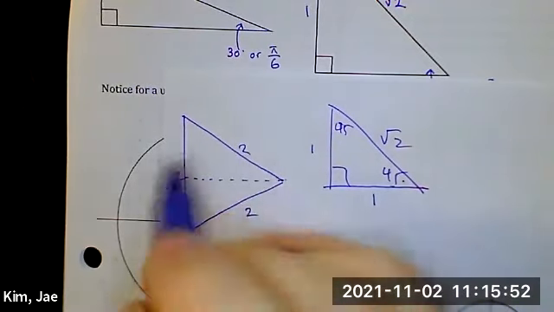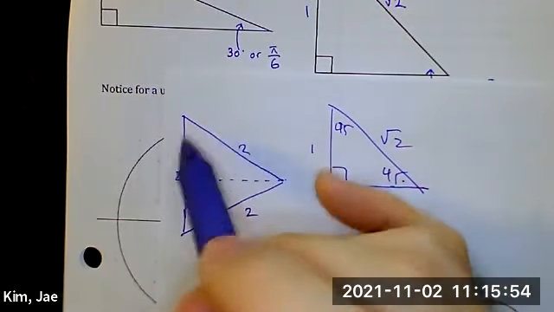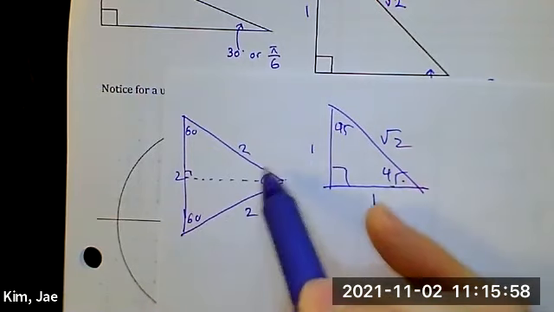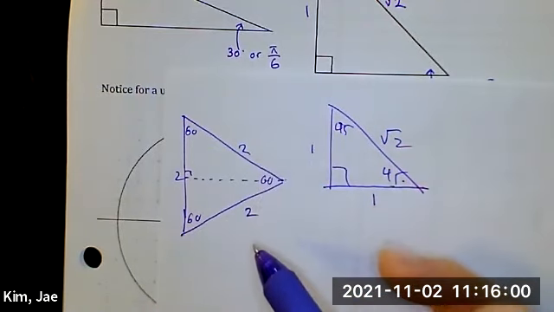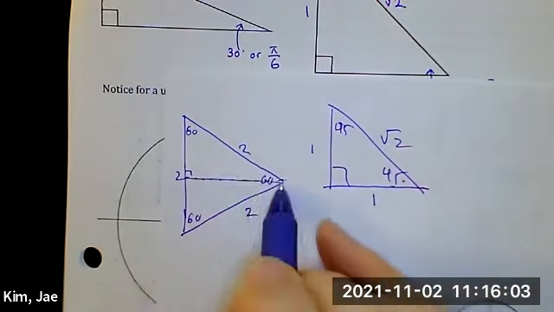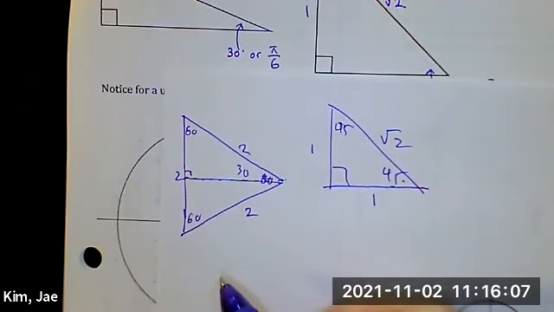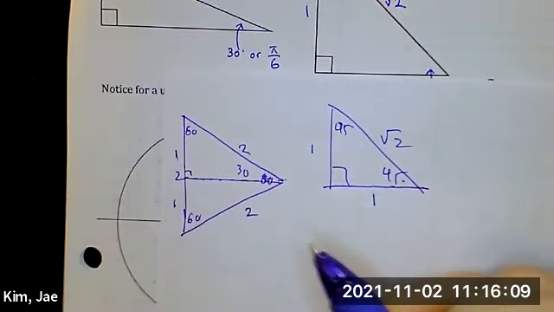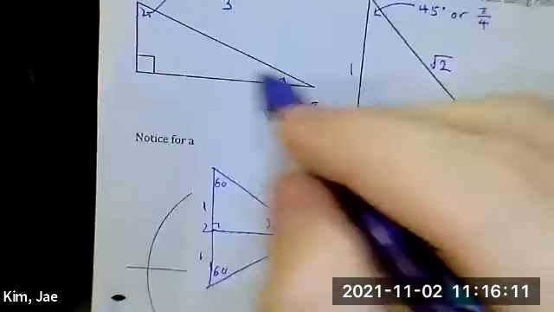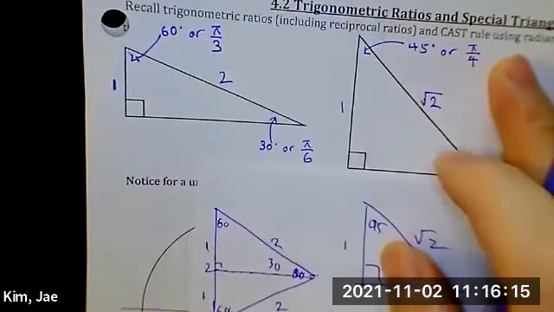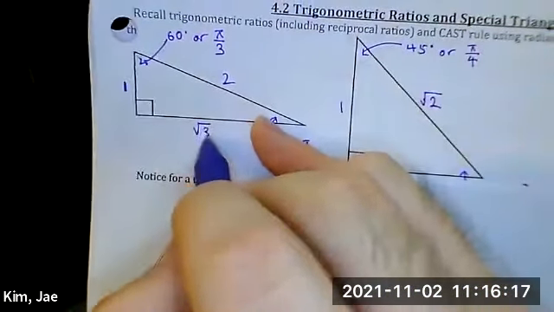And of course, I forgot to tell you that in an equilateral triangle, it has to be 60, 60, and 60. But if I cut this in half, what does this angle become? 30. If I cut this in half, what does that length become? 1. So automatically, this becomes 1 and 2. And by Pythagorean theorem, you can figure out the side, it becomes root 3.